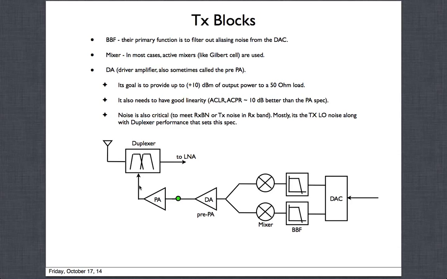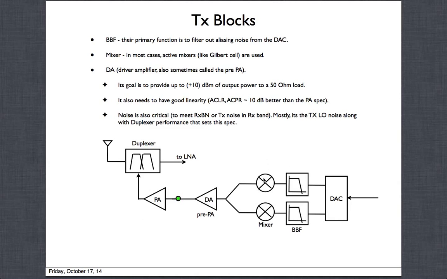So if you take that number here, you say I want a number here to be so and so, some spec, and you divide it by the gain of the PA divided by the gain of the DA, and you bring it to the mixer. You will see that eventually that tough spec for the RX band noise maps to the TX LO phase noise. The TX LO that comes here, its phase noise at that far away frequency, that becomes the biggest contributor of the noise at this point, which is what we call the RX band noise.